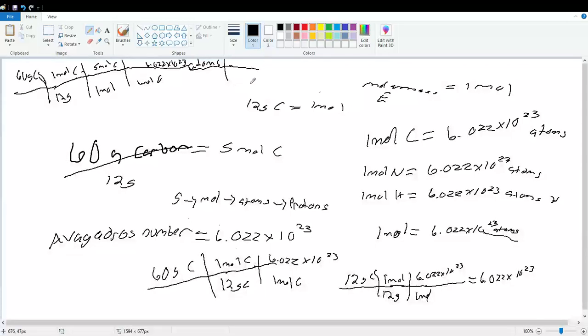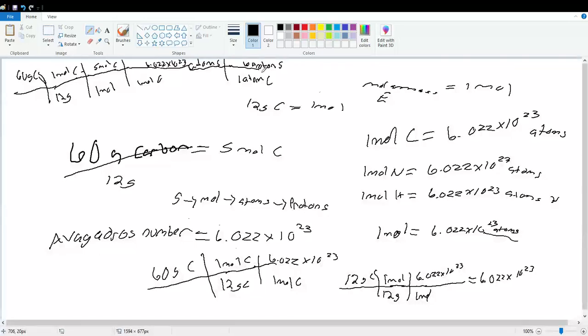So in 1 atom of carbon, you have 6 protons. If we do all this, you multiply the top row: 60 grams times 1 mole times 5 moles times 6.022 times 10 to the 23rd atoms times 6 protons.